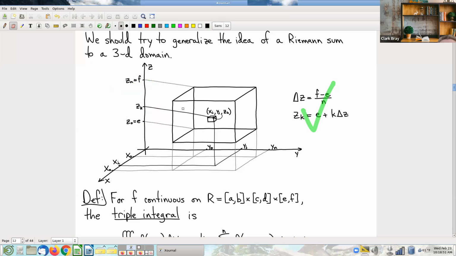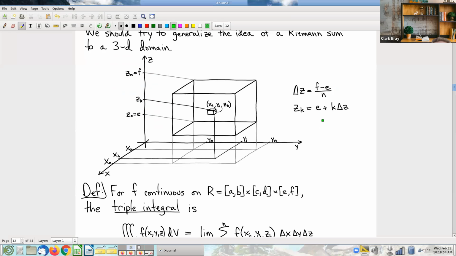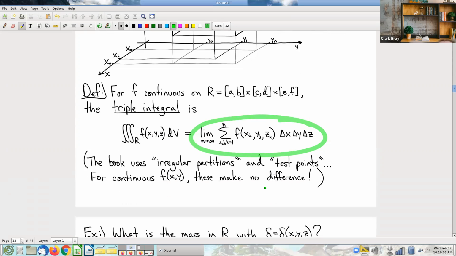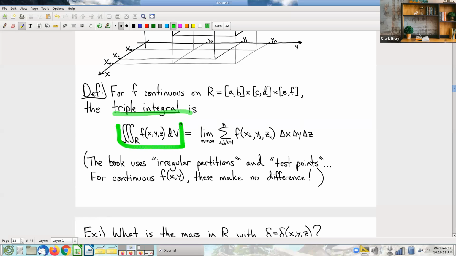But the big takeaway is that I can talk about doing a chop it up, add it up strategy on a three-dimensional thing. Since we don't need most of those details most of the time, we're just going to call it a triple integral, use this notation, and then start relating it to applications.